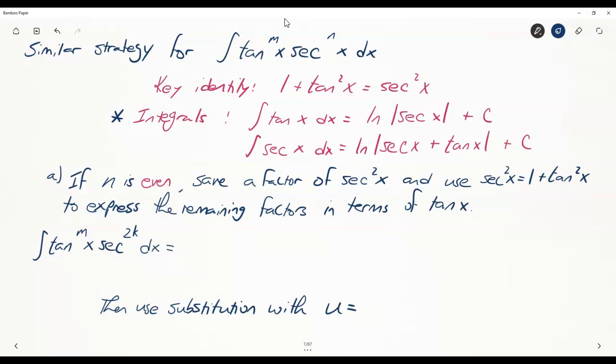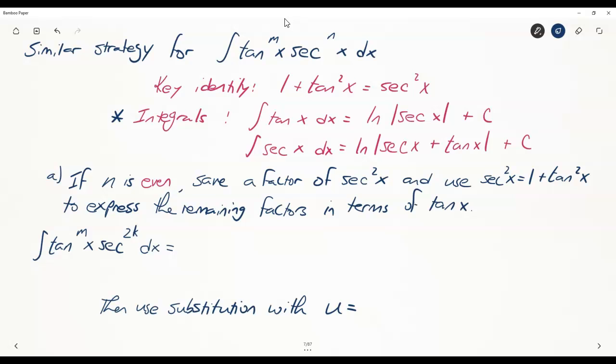The first thing we're going to check is: is the power of secant even? If it is, we're going to take two factors of secant and break them off. Why are we taking two factors of secant? Because what is the derivative of tangent? It's secant squared, isn't it?